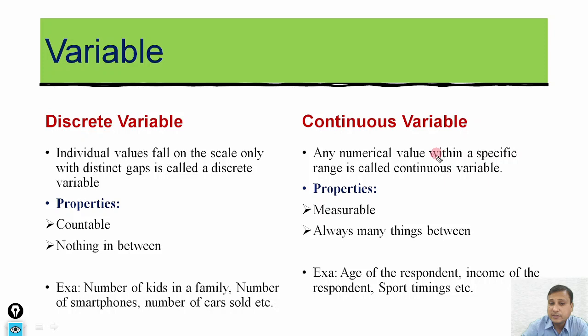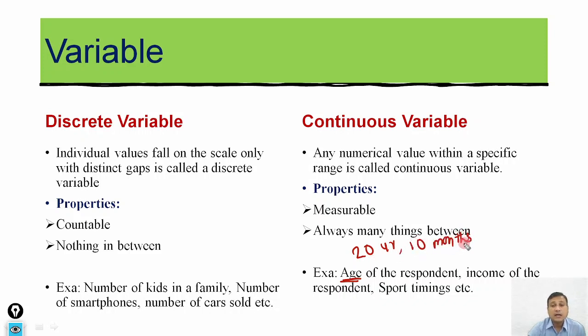What is a continuous variable? Any numerical value within a specific range is called a continuous variable. For example, if I ask for age in years, and my respondent says my age is 20 years, that's fine. But if I ask for age in years and months, then he can say I am 20 years and 10 months old.